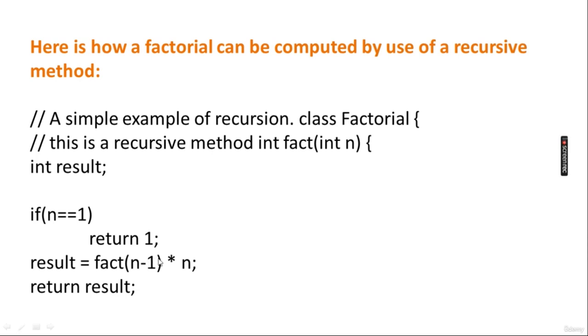For example, if I pass 5, the factorial is computed as 5 into 4, into 3, into 2, into 1. Whatever the result, it is saved in result and returned. The same function factorial is calling itself using n minus 1. This is a very famous and important example to understand how recursion works.